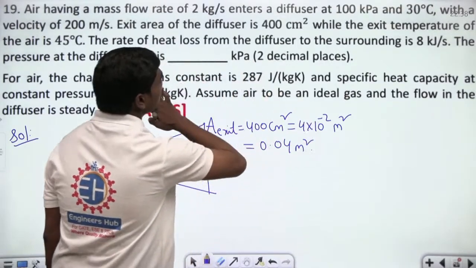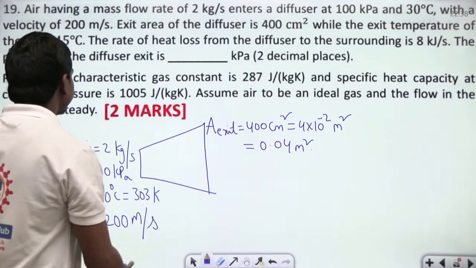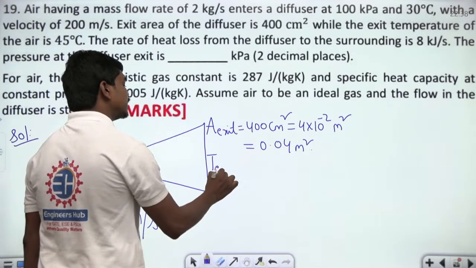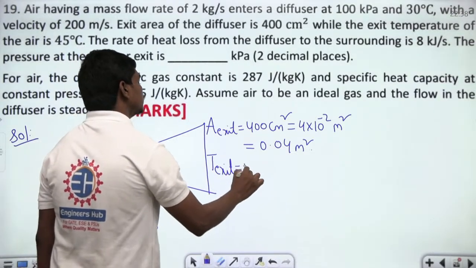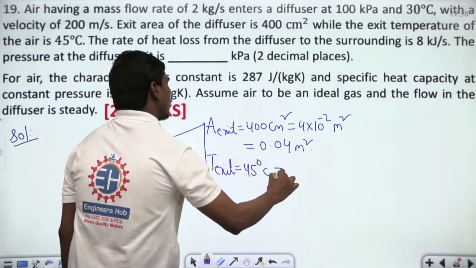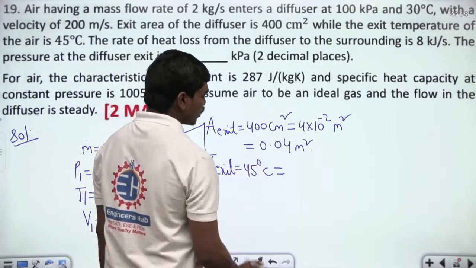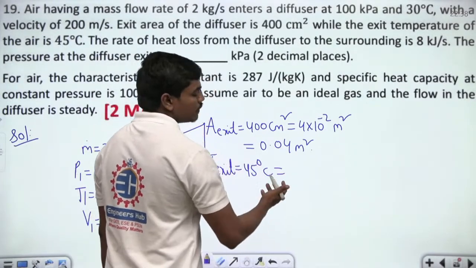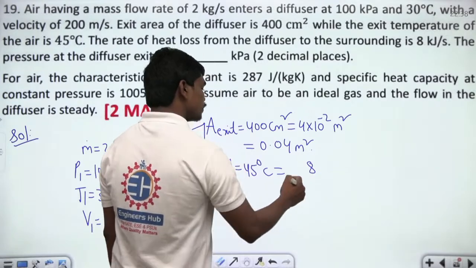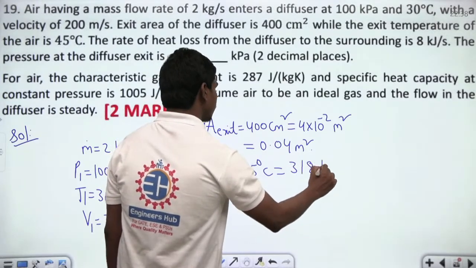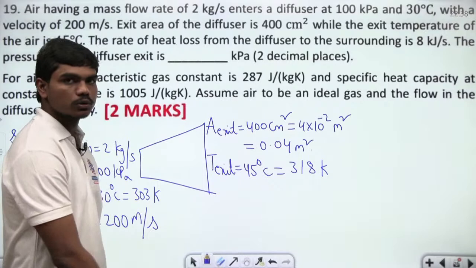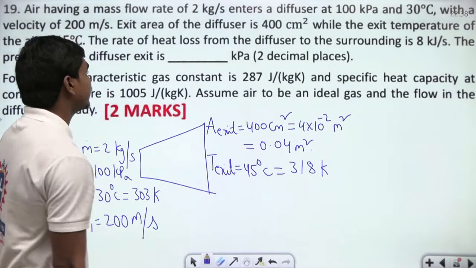Then the exit temperature of the air is 45 degrees Celsius, so T exit is also given. In Kelvin this is 273 plus 45, which is 318 Kelvin.